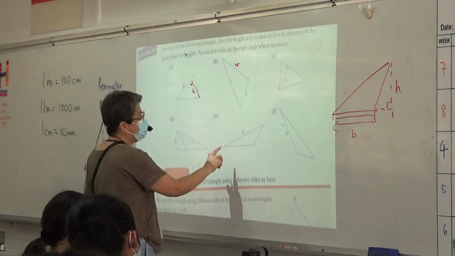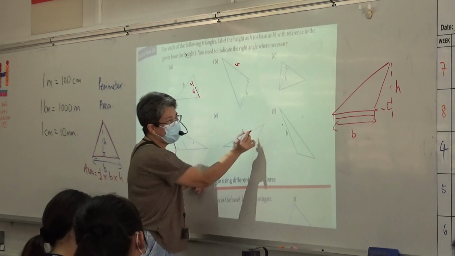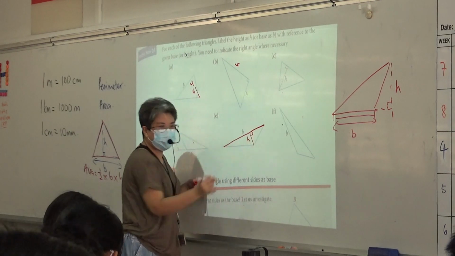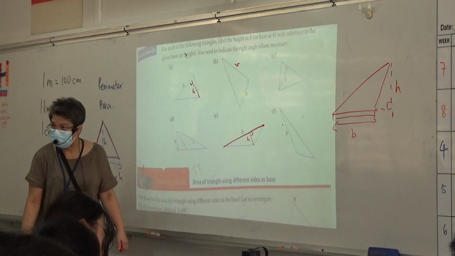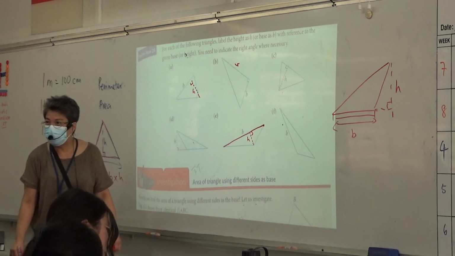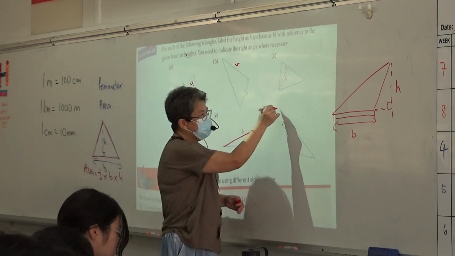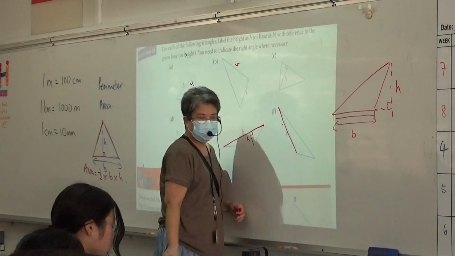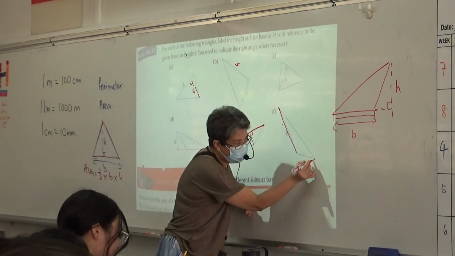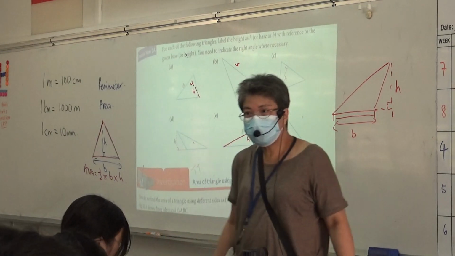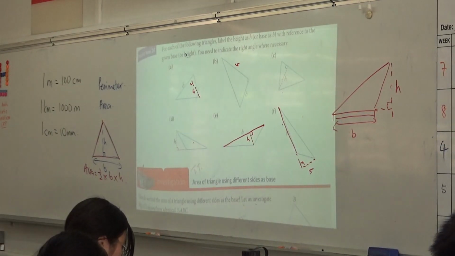Now, I want to do E. If this is the base, where's the height? Will be somewhere here. Correct. Base and height must be what? Perpendicular to each other. Okay. Now, if this is the base, do you agree that the height must be somewhere here? Can you see? Base and height must be perpendicular to each other.